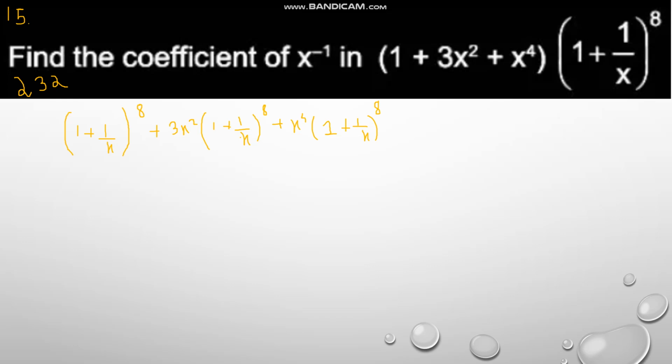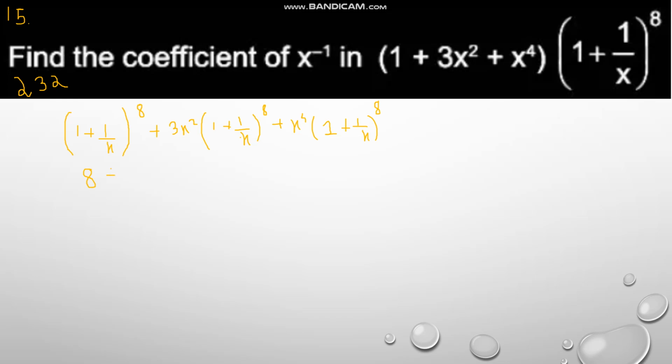Now, just let's solve the question. Here, in the first term, 1 plus x whole to the power 8. Here, the second term, where r is equal to 1, will only have x to the power minus 1. So, in case of second term, we will write 8C1. 8C1 means 8. The coefficient involved in this term will be 8.